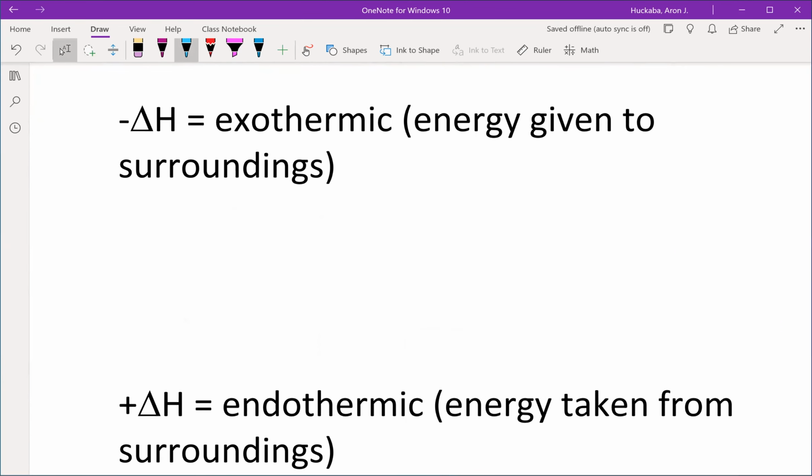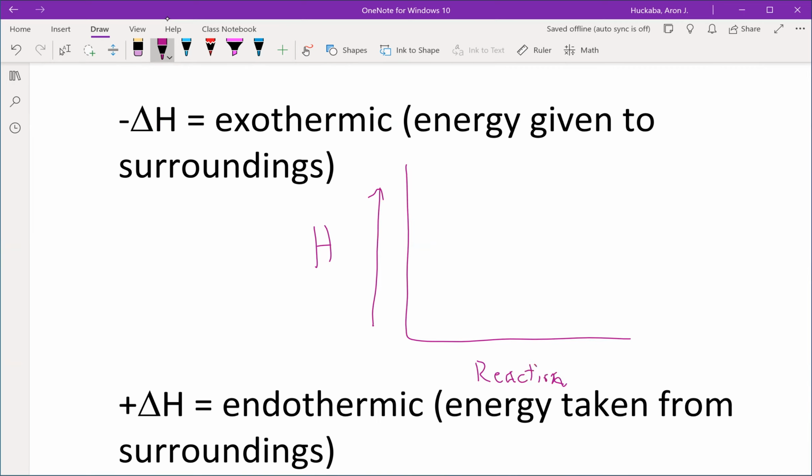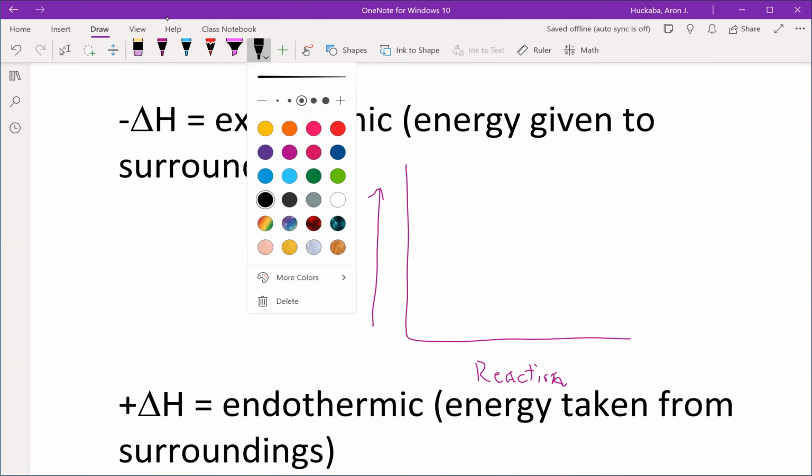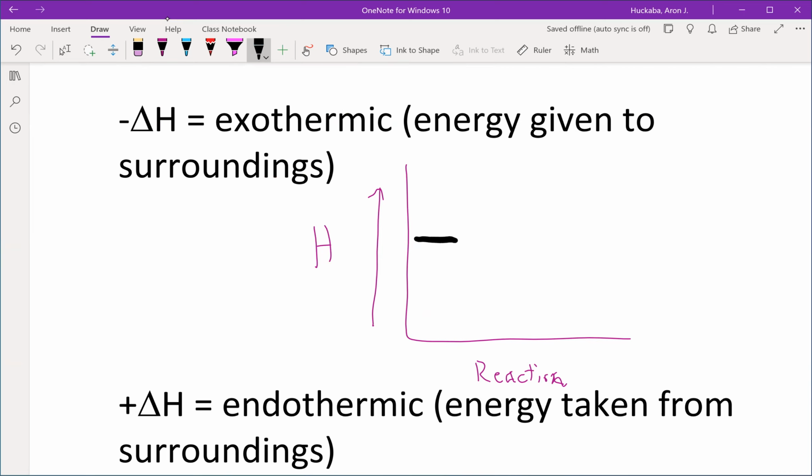So for exothermic, let's say this is the enthalpy of the system. This is the enthalpy, H, and it's increasing as you go up, remember? And this is the reaction on the x-axis. So if we have our reactants here, an exothermic reaction, we will lose enthalpy overall, meaning the energy is lower for the products.